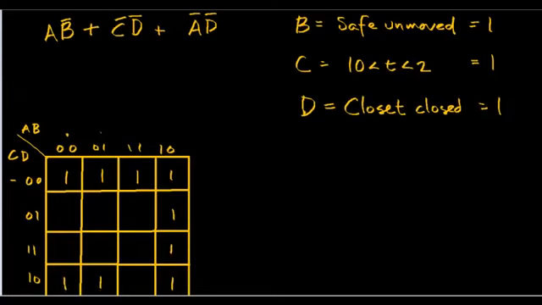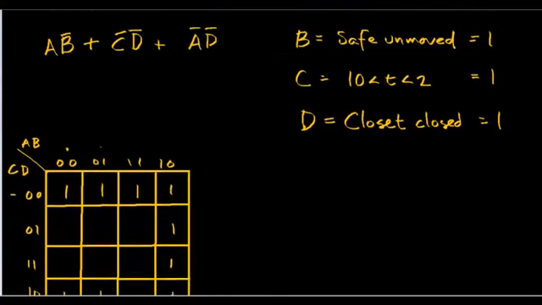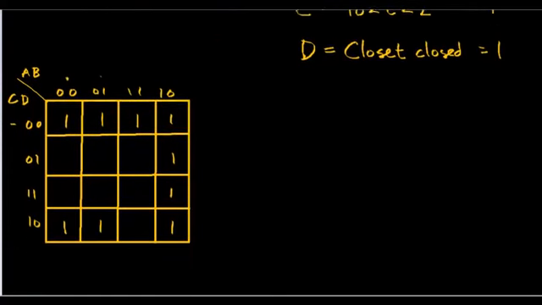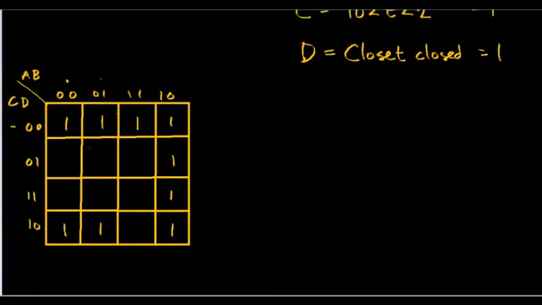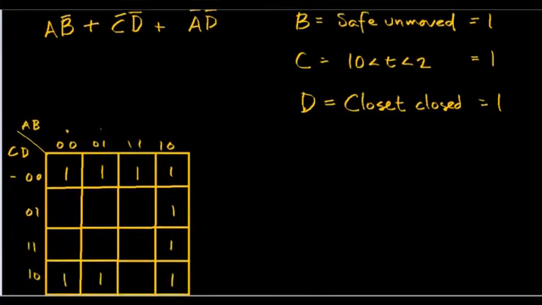Okay? And if you were unsure as to whether you got the K-map right, then don't look at the answer, just look at the K-map and try and minimize it. If you minimize that, you'll find that you actually get this equation right here, which further lets us know that this is a minimized form of the sum of products for this equation.